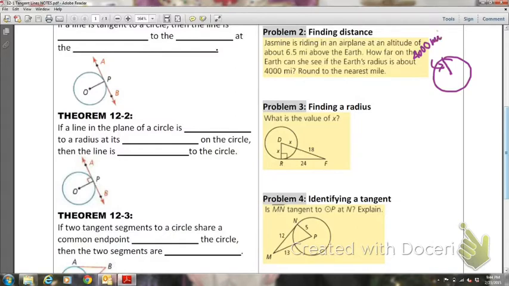Now we have Jasmine in a plane above the Earth. So let's see if I can draw a plane above the Earth. So she is 6.5 miles above the Earth.